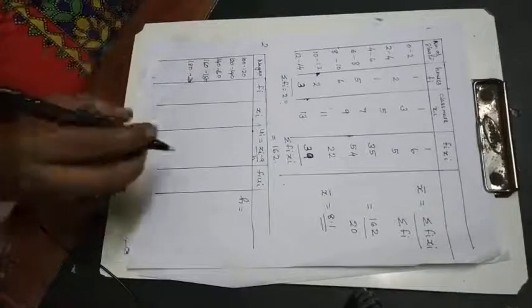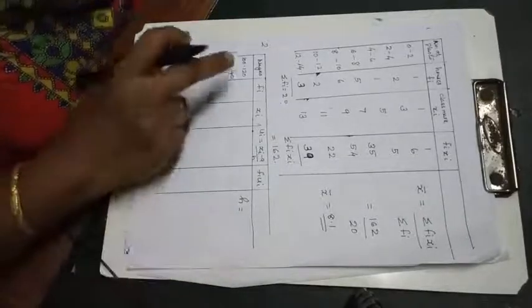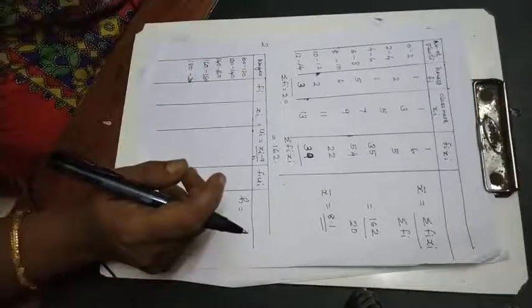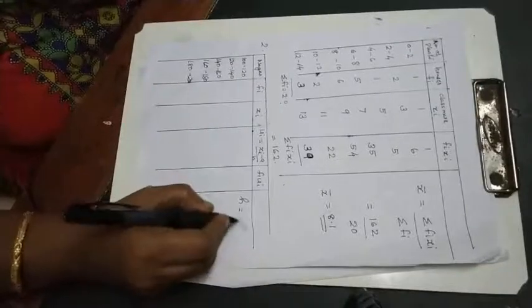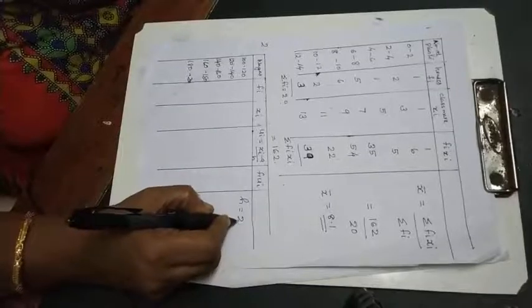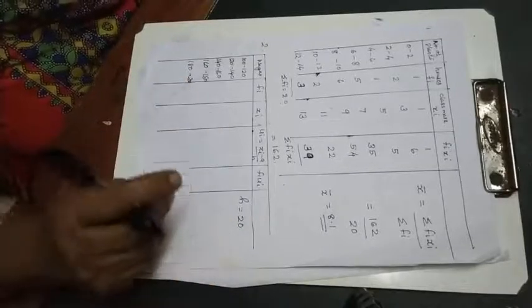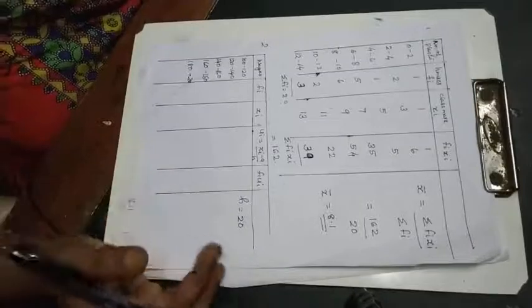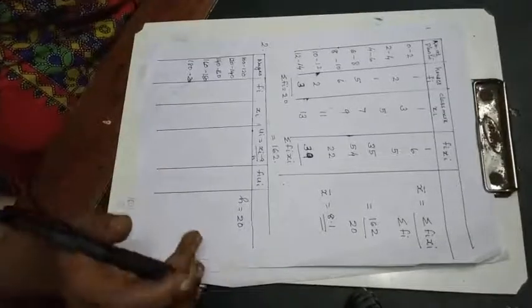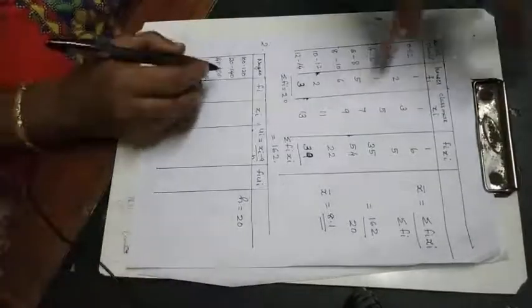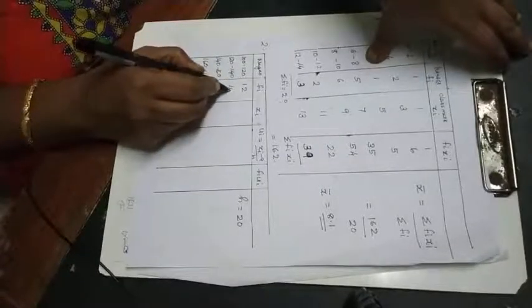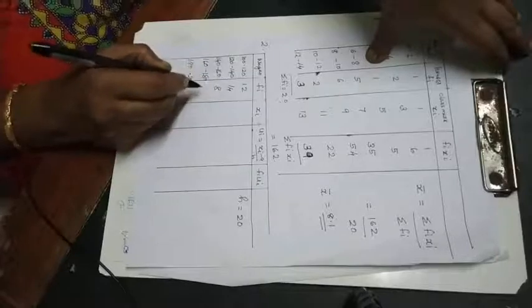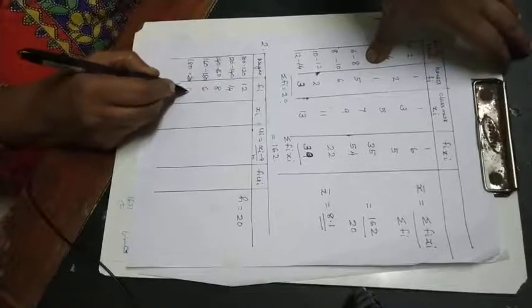Now H means 140 minus 120 or 120 minus 100, that is equal to 20. The difference between two consecutive lower limits or two consecutive upper limits. Fi's are given there: 12, 14, 8, 6 and 10. Now class marks.